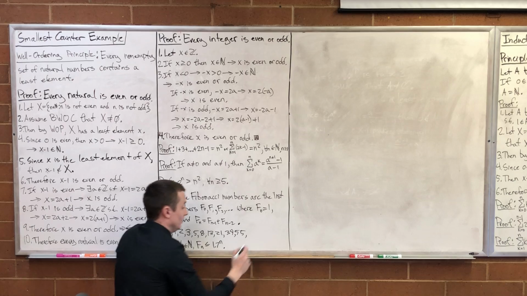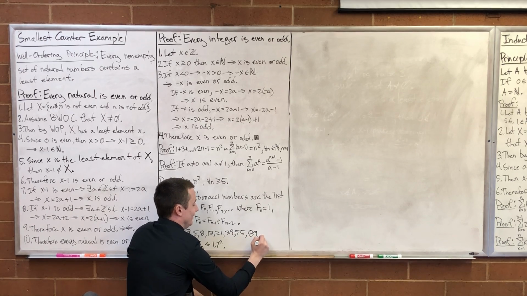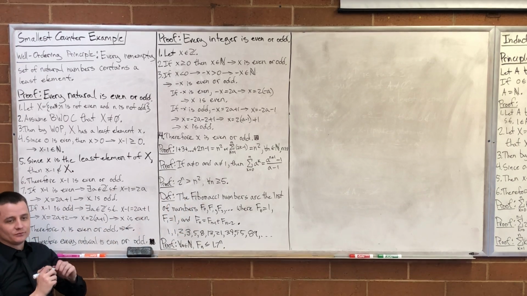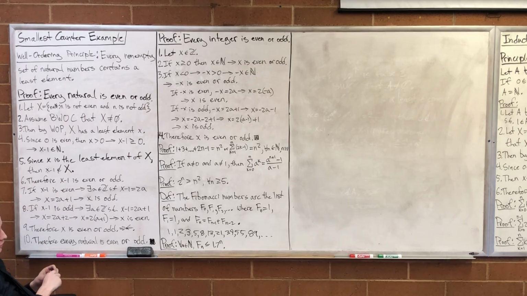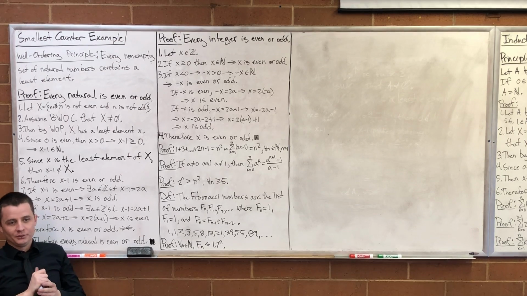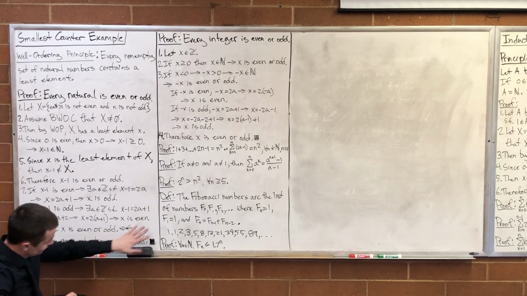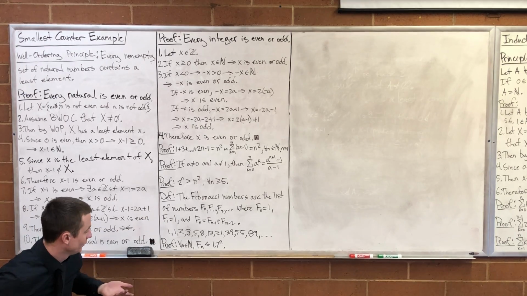Then 89. And so on to infinity. What's the biggest one? Infinity is big. Infinity is not a natural number. It's not even a real number. It's what we call an extended real number, which I don't think the Fibonacci sequence has as its codomain. Highly unlikely. Anyways, so there are the Fibonacci numbers. That's what we mean by Fibonacci numbers.